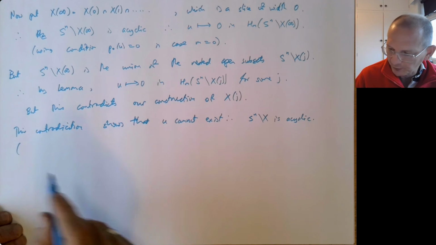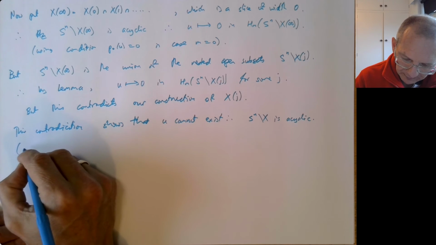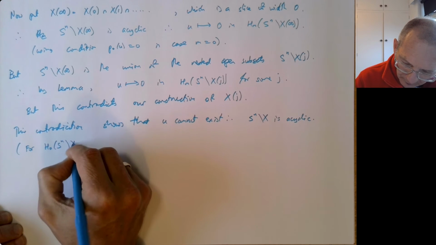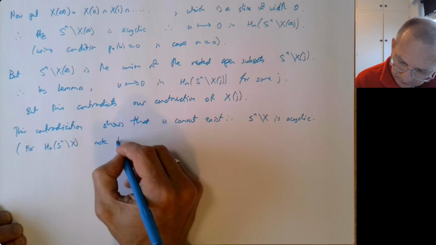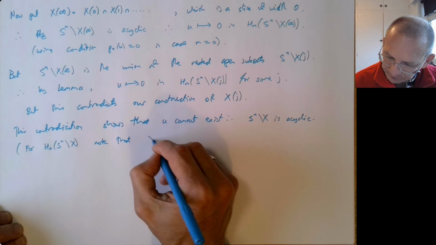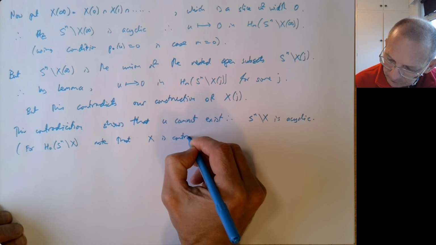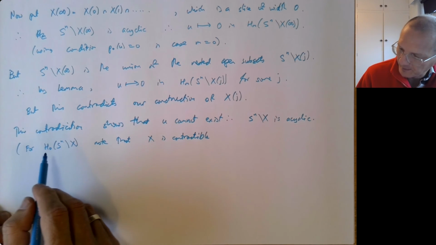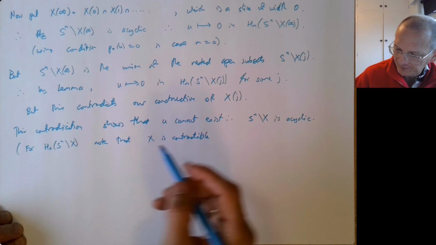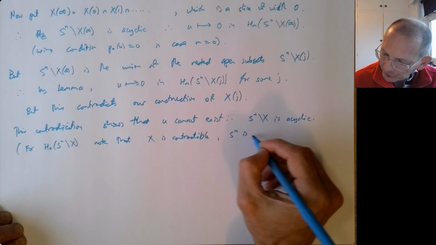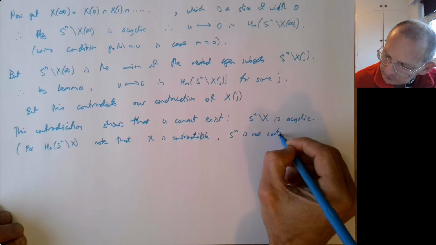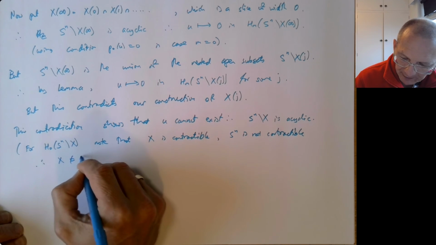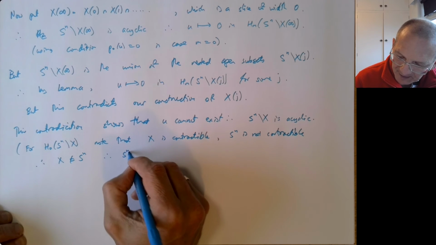So there's one slight point here. We need to say something about the H_0 of this. We'll notice that X is contractible, S^n is not contractible. So X is certainly not equal to S^n.